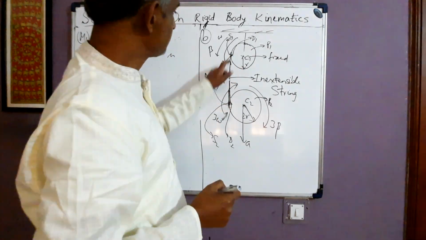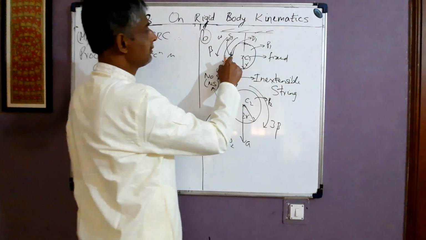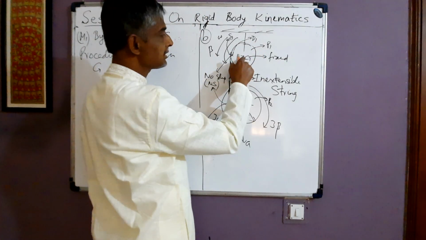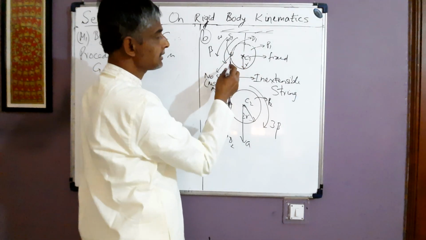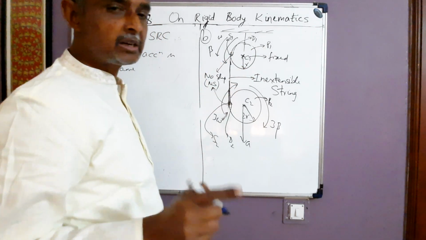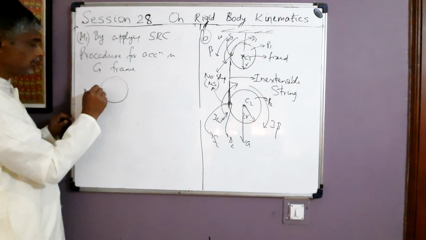So first we must know the accelerations of D1 and S1. Now see, D1 is the material point of this pulley P1 whose center C1 is fixed. So D1 moves in a circle with center at C1 and radius R. From the theory of circular motion kinematics of point, acceleration of D1 will have two components.